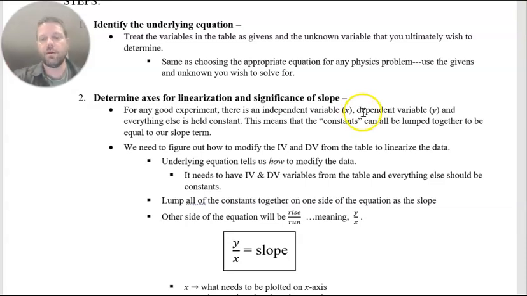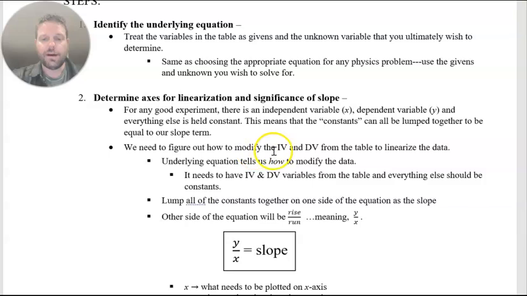And then you're going to measure the effects of your choice for different values on a dependent variable, which is typically the one that's plotted on the y, trying to see if the dependent variable is affected by different values of whatever's on the x-axis. And then you're holding everything else constant. So that means that we're going to lump all of our constants together, and that's going to end up being our slope when we figure out what the value is.